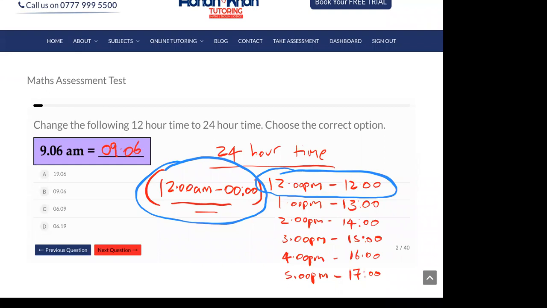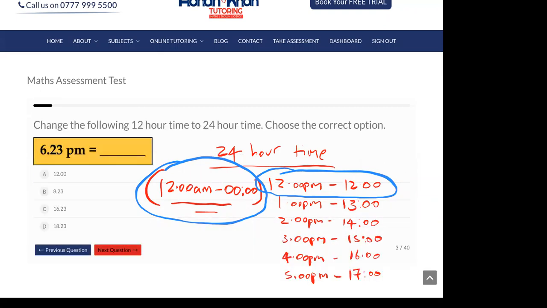And you don't need to write AM or PM, because that's the whole point of having a 24-hour time. So in this case, option B will be the correct answer.